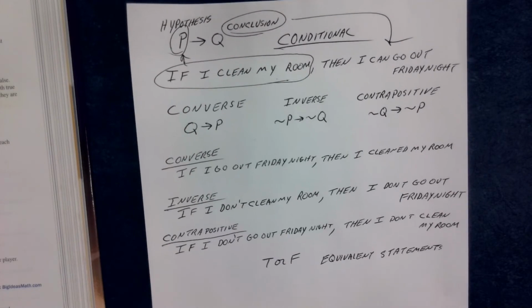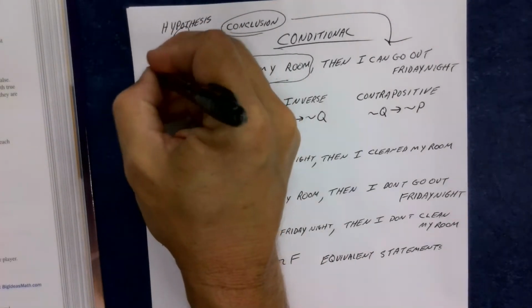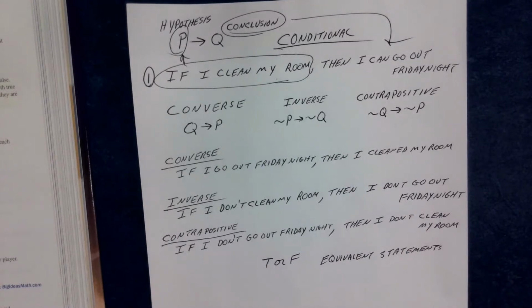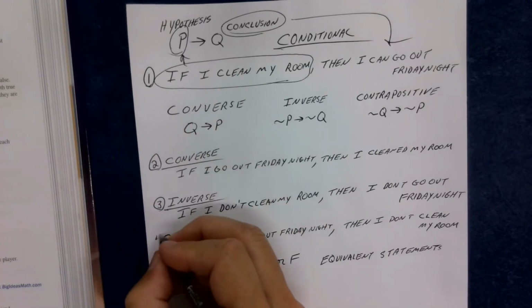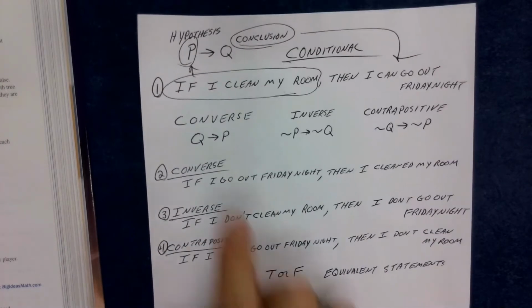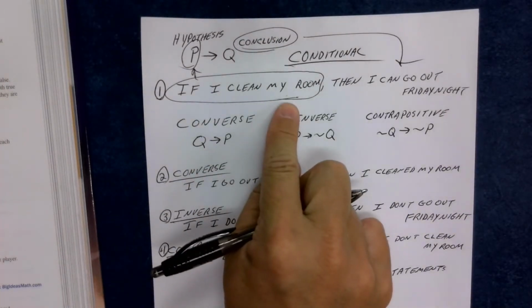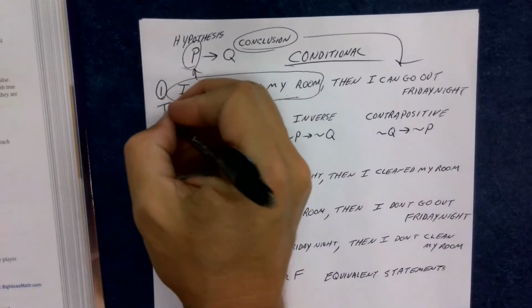The original statement, I'm not saying whether or not it's true or false for your situation, but we're going to say right now for this situation that it is true. Your parents said, if you clean your room, then you do get to go out. So that's true.